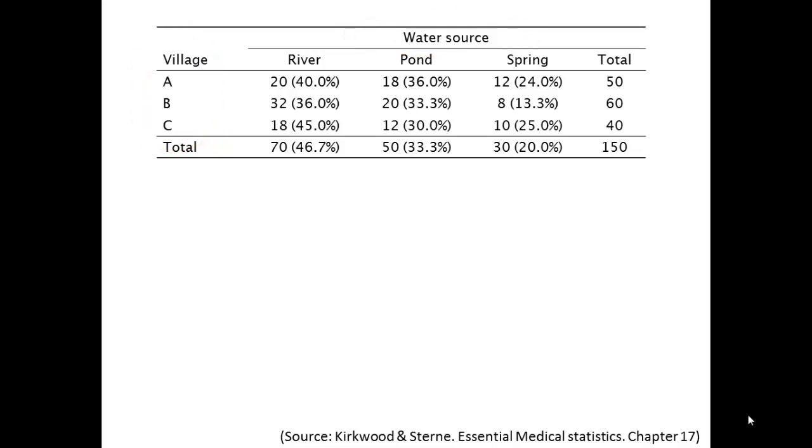So a chi-squared test compares the observed numbers in each of these cells with what would be expected if there was no relationship between these two variables, or if they were independent. So overall, 70 out of 150 households use a river as their water source. So if there was no association between water source and village, then we would expect this same proportion or percentage of river usage in each village.